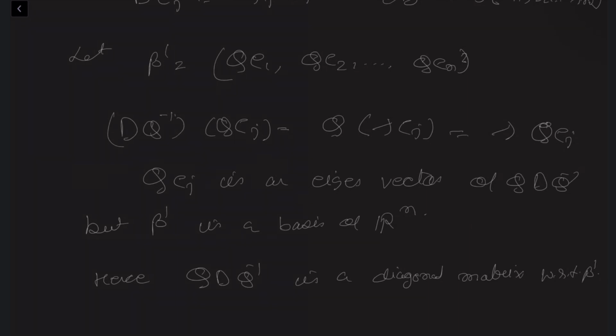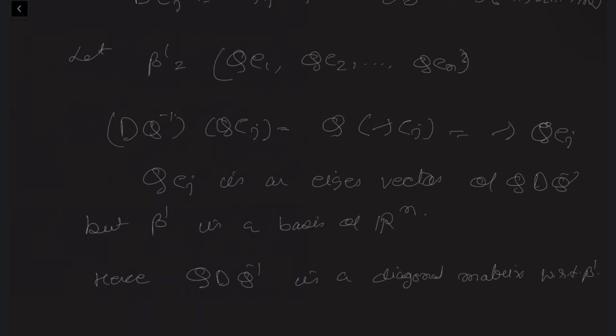Fine, this is the definition. But how do you find this D and this Q? If they exist, then it is diagonalizable, and if it is diagonalizable, then Q and D will exist. That is fine, but how are you actually going to calculate? This is still a question that needs to be answered.